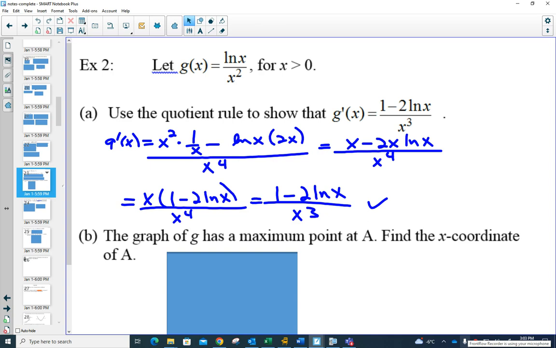How did you do? Notice that after you did the quotient rule, there was a common factor of x in both of the terms that you could factor out, which then simplified the bottom to just be x cubed.